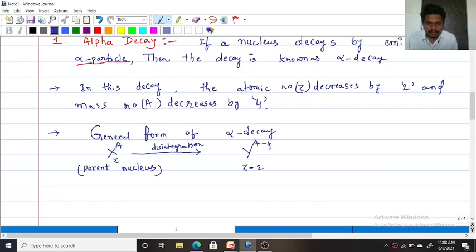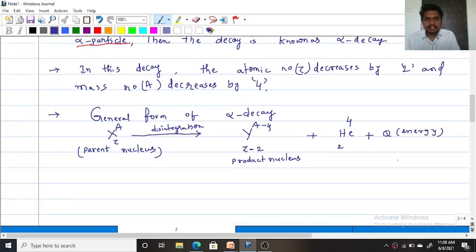This is called the product or daughter nucleus, and along with it an alpha particle whose atomic number is 2 and mass number is 4 is emitted, and some energy Q is liberated. Q is nothing but the disintegration energy.